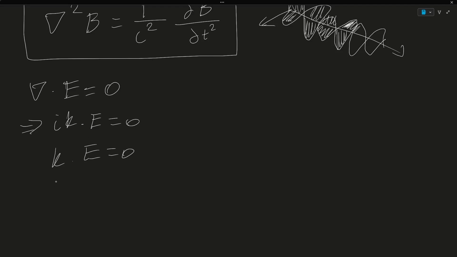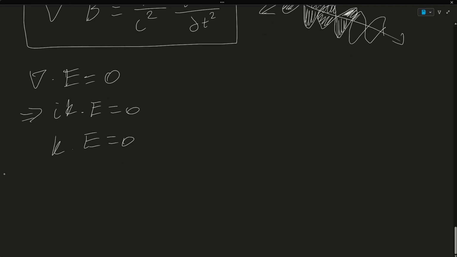We can get rid of the i because we're only looking for the real components here, or rather, dividing both sides by i. Since the dot product is 0, these two must be orthogonal.